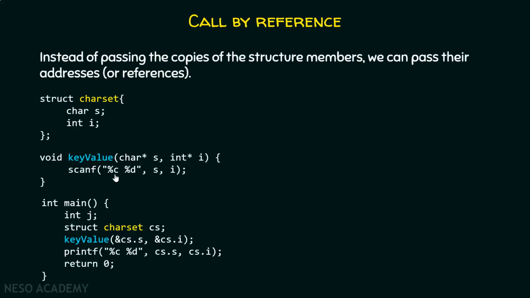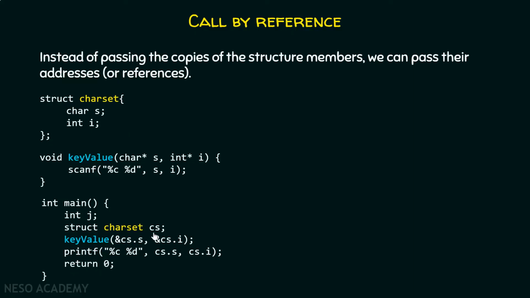So the first argument must be the character and the second argument must be the code associated with that character. Maybe the user will enter the character capital A and wants to enter the value 1 as the code for that character. So he must specify A space 1. The scanf function will receive those inputs and it will get reflected over here, right?